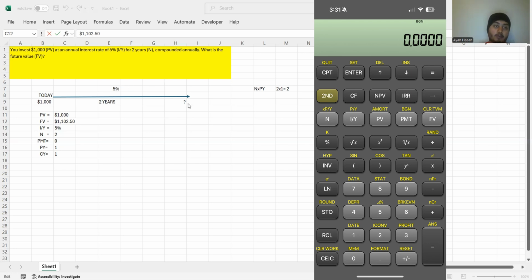At the end, we have to find the total amount, which is $1,102.50. After that, we simply put the values in the BA financial calculator, which does the calculation for us. And for those who don't know how to use the BA calculator, I will provide a link to a YouTube video which will help you learn more about it.